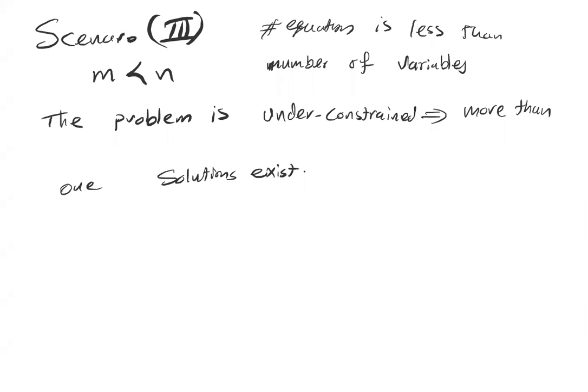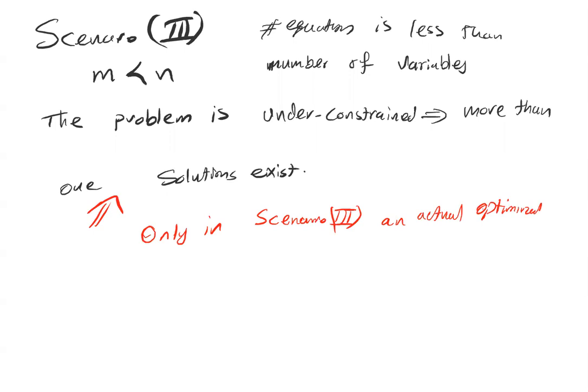So actually optimization only happens in the last scenario. So only in scenario 3 can actual optimization take place.